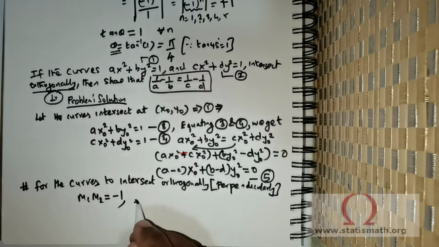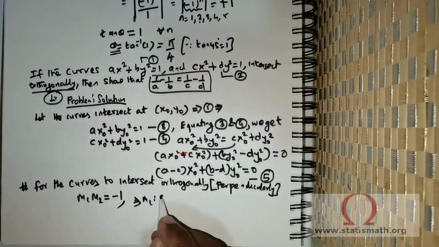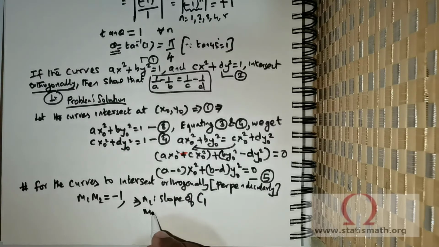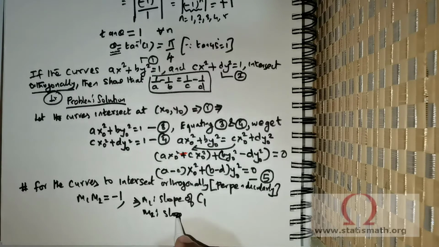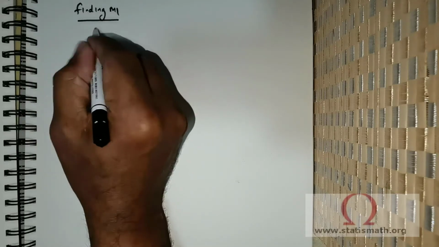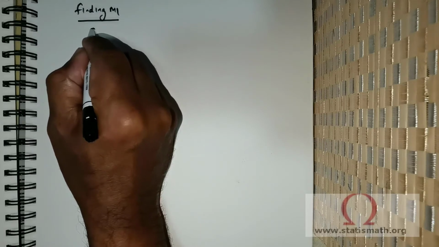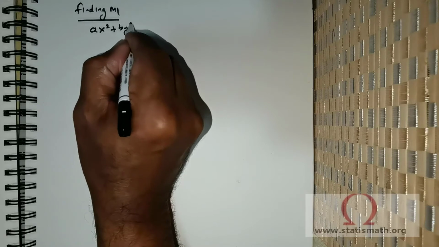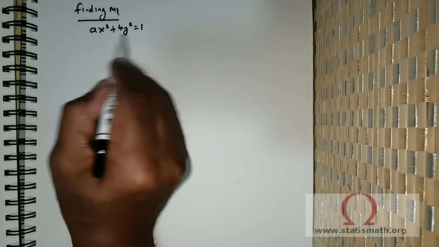Here m1 is the slope of curve 1 and m2 is the slope of curve 2. For m1, we know the first curve is ax² + by² = 1, so we need to use this equation.